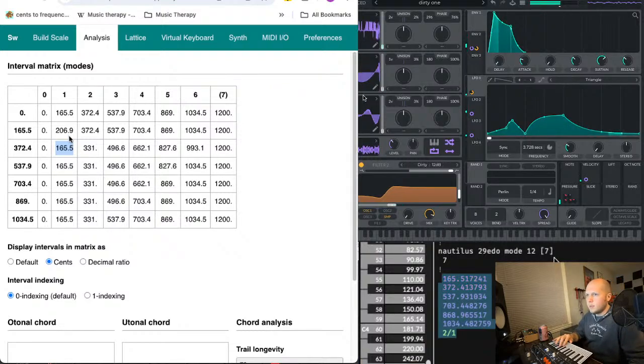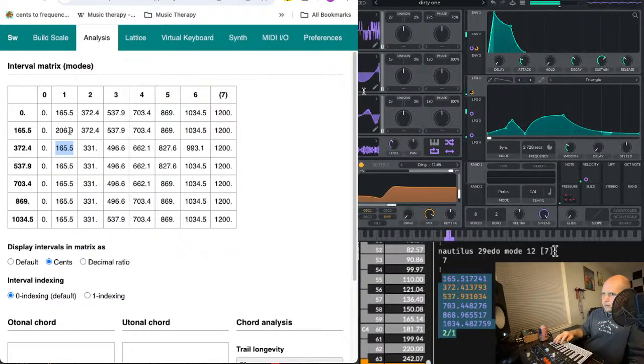And then this one, you can hear how normal it sounds. Sounds like a normal whole step. But yeah, I do like this step.